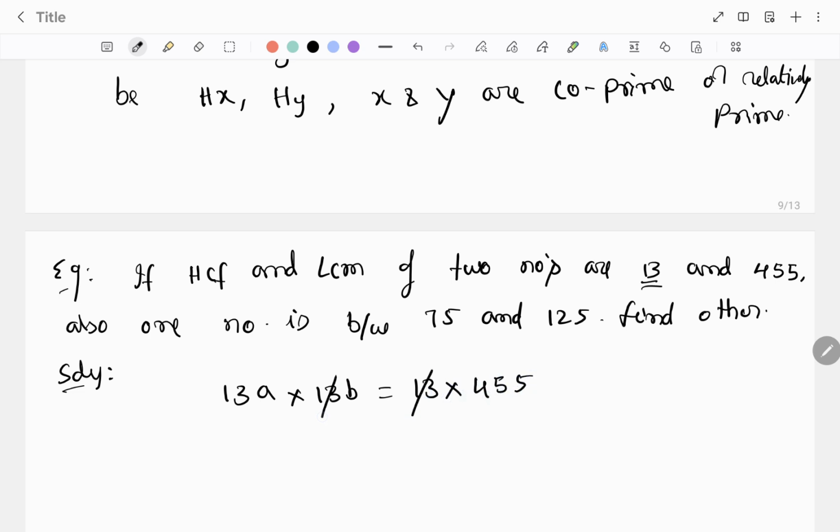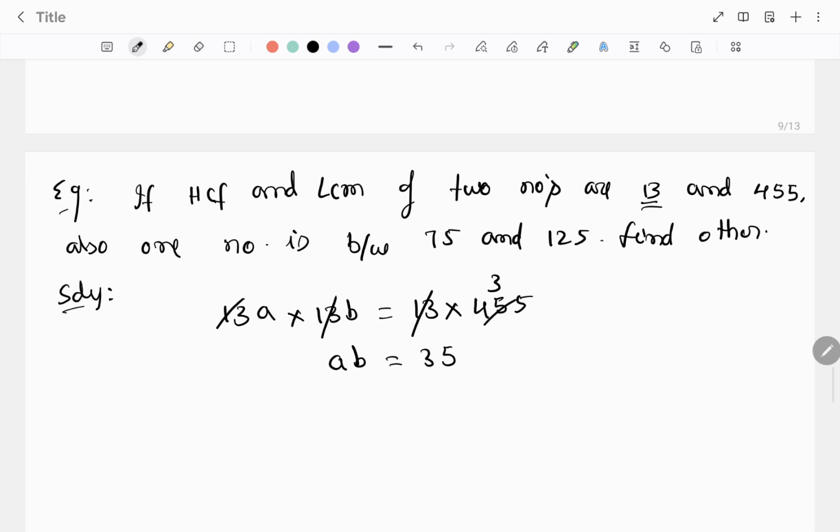Now 13 got cancelled. Then a into b is equal to 455 by 13. How many times does it go? 13 3s are 39 and 6 5s, so 35 times. So a into b is equal to 35.